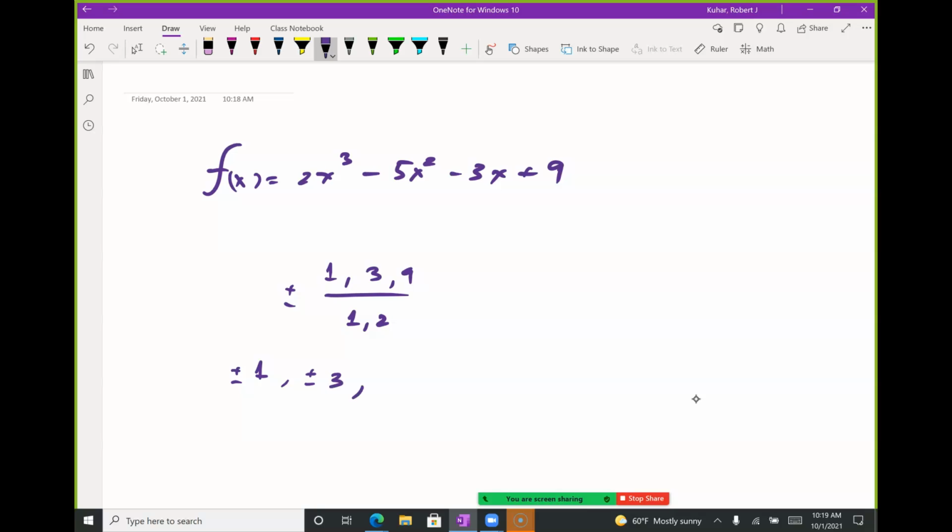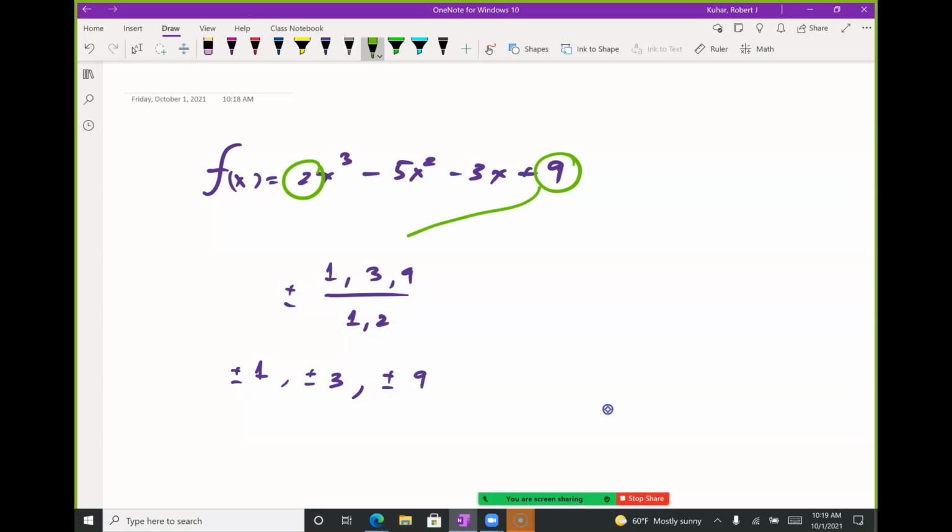Professor, I have a question. Yes, go ahead. Why did you not include 5? For what? On this problem right here? When you were finding the possible rational roots, why did you not include the 5 in the function? Yes, so I only am looking at the constant and the leading coefficient.